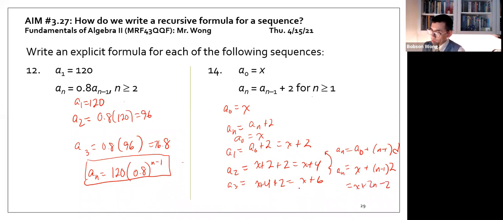And so our explicit formula is a sub n equals x plus 2n minus 2.